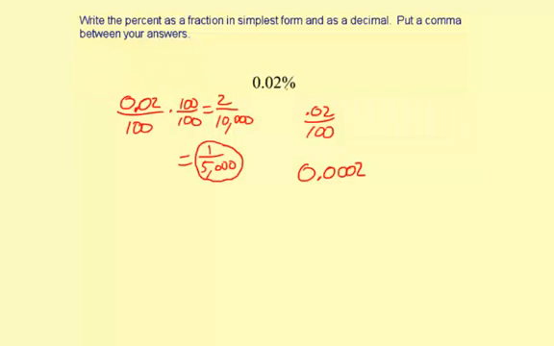So what if I wasn't going to use a calculator? I would have to do 0.02 and then divided by 100, and I'd have to work out that division. So 100 would be here, 0.02 would be here. I'll just bring up the decimal.